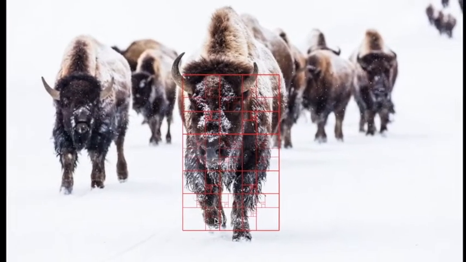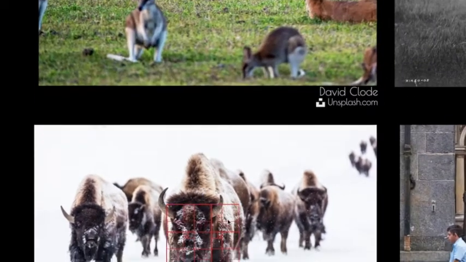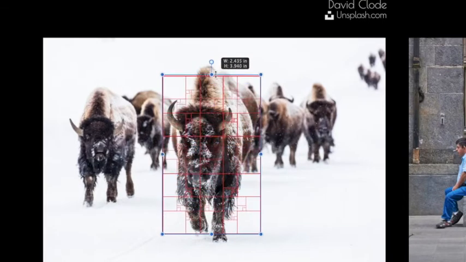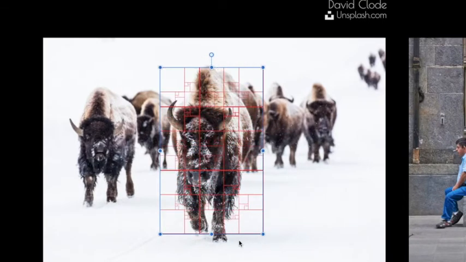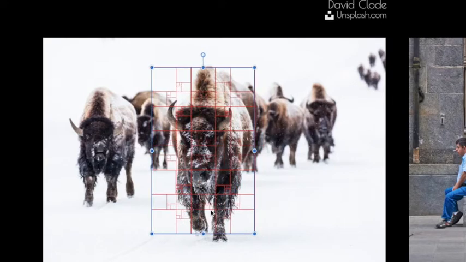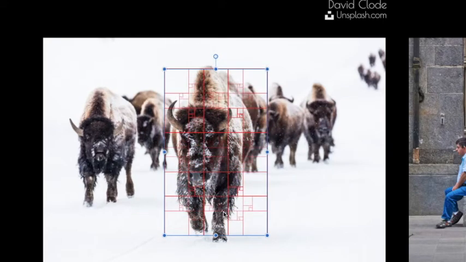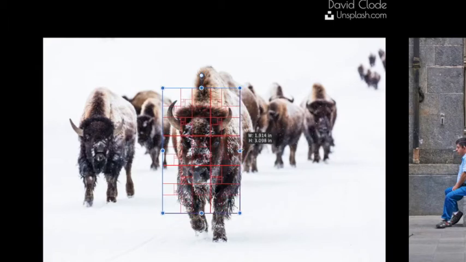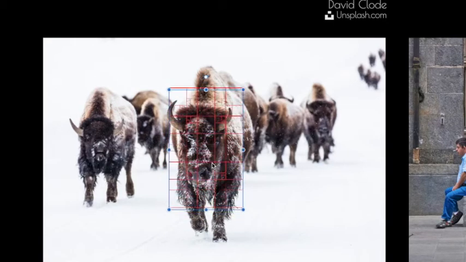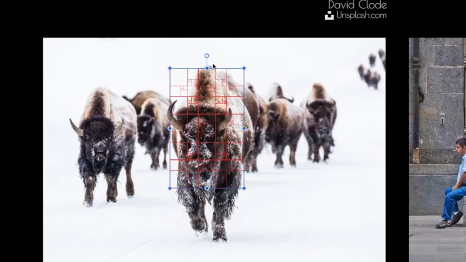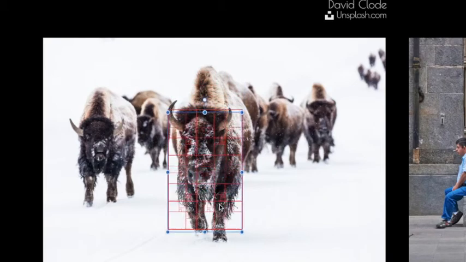Now these bison, so this guy, so per bison, a nice tight rectangle, about that upper body minus the legs, or the lower body minus the hump there. Actually could be like that.